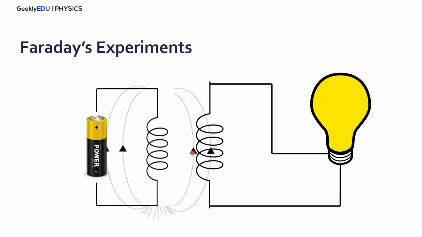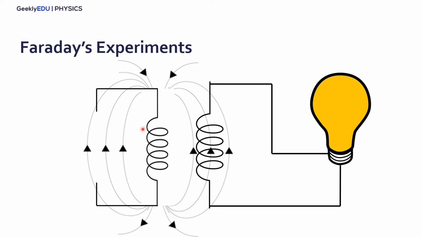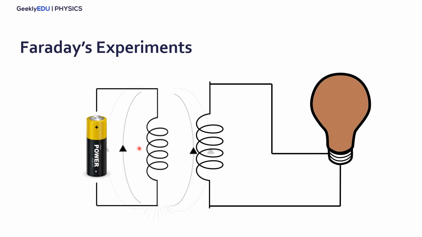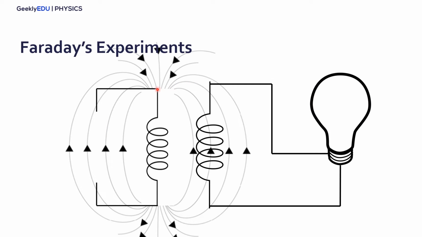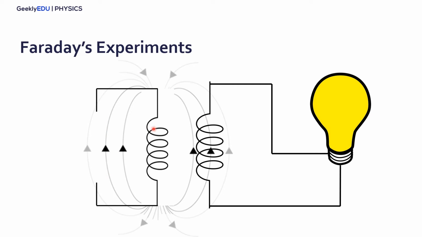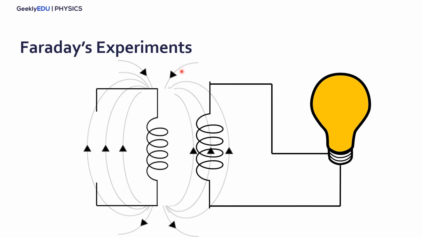So this is exactly what was happening there. When he turned on the switch, the magnetic field starts to increase until it's constant. And when he took the battery off, turned the switch off, the same thing happened. It was at a maximum magnetic field and it started to decrease.